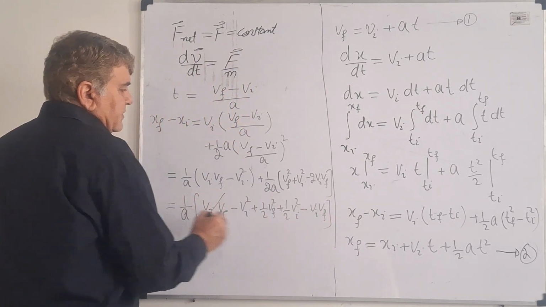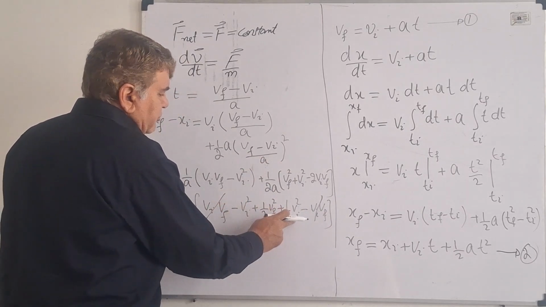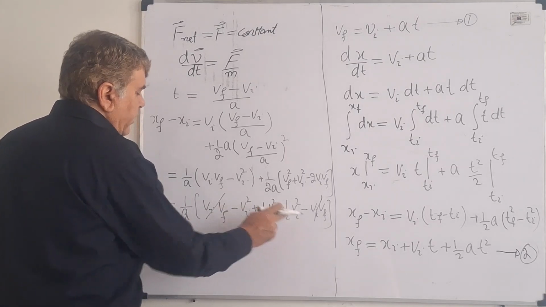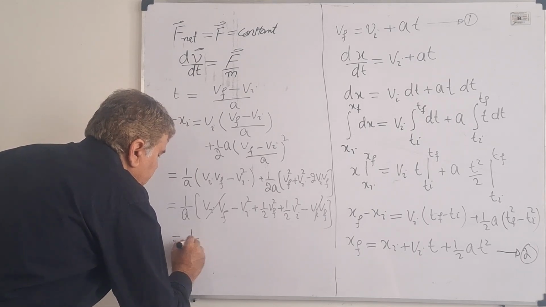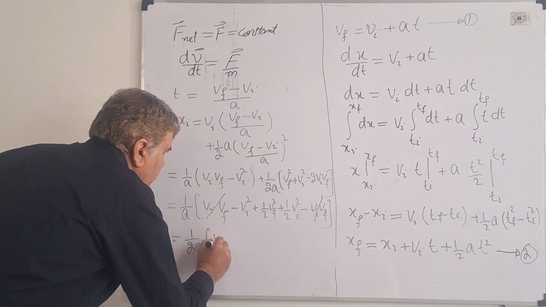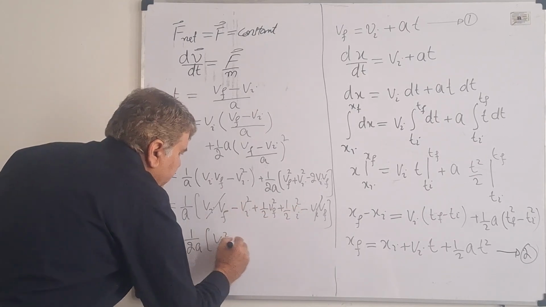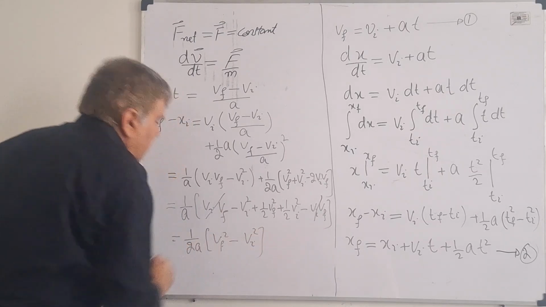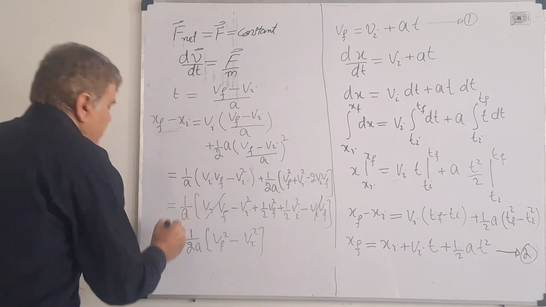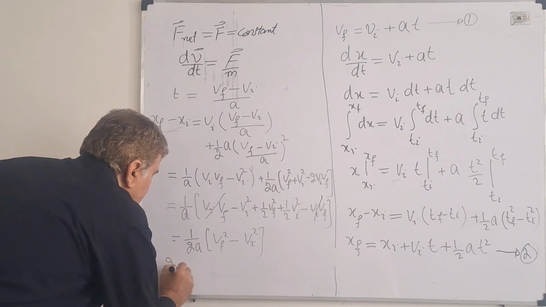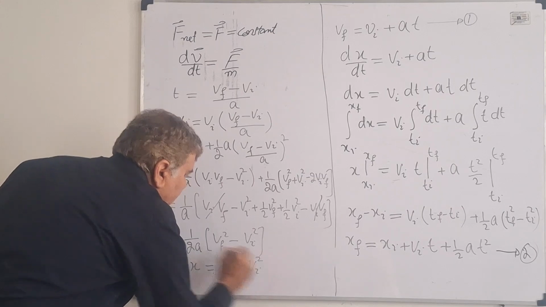I can cancel this term with this term, and combining this term would give me minus half Vi squared. So I write, taking half common, 1 divided by 2A into, from this term I get Vf squared, and from this and this term I get minus Vi squared. So finally I call this thing as x distance, and I'm taking this to this side, so I write 2A times x equals Vf squared minus Vi squared.